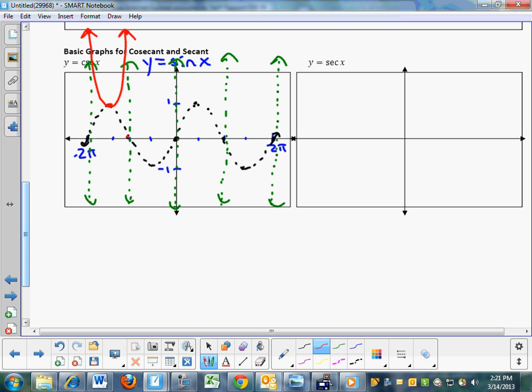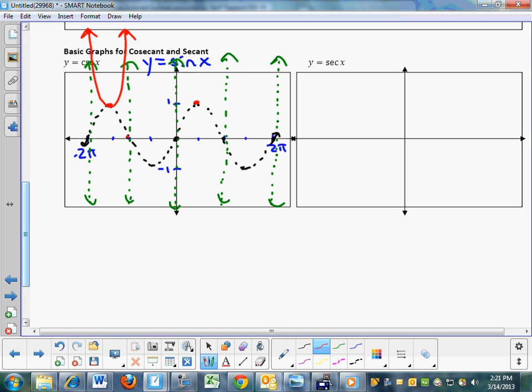Some people didn't understand the first time I did it either, so we did another one. Let's try again. Watch. What is the height of my pen? 1. What's the reciprocal of 1? 1. What's the height of my pen right here?